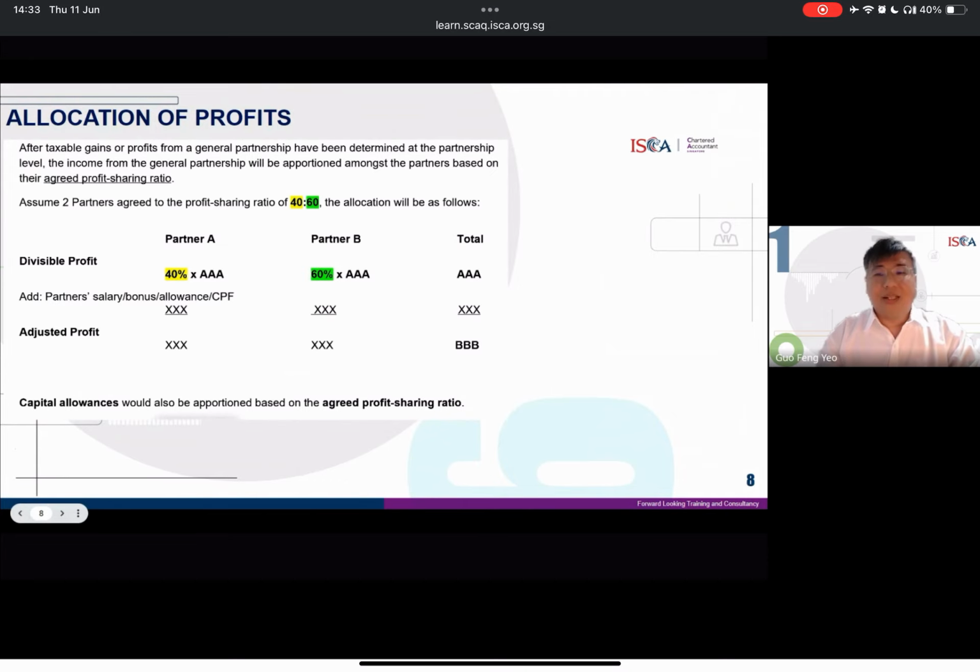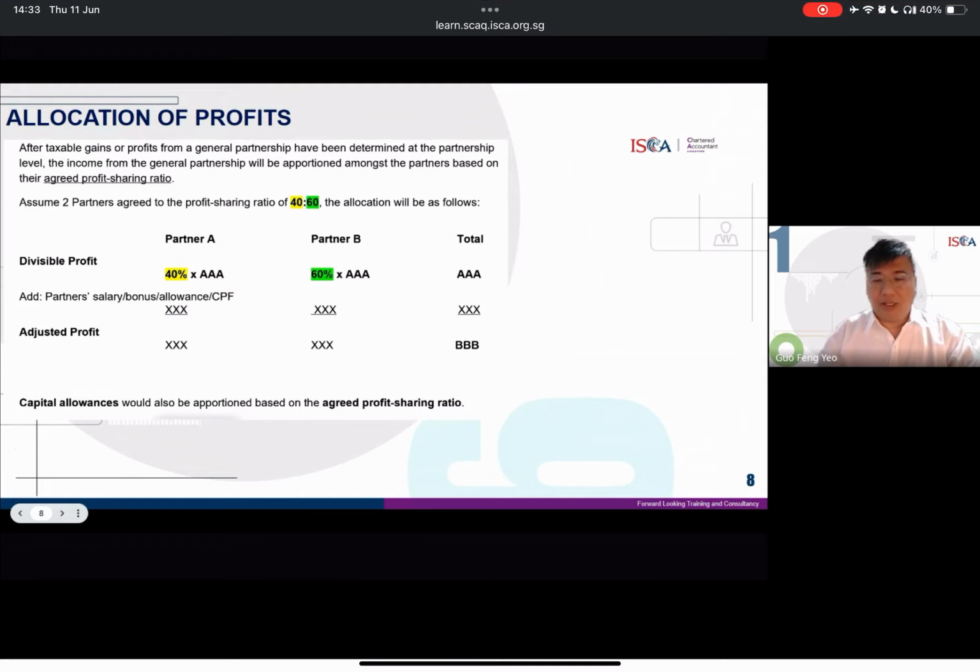Next, in addition to computing a divisible profit and adjusted profit, you will need to understand how the profits are allocated between the partners. Now, in the absence of any specific call-out, you may assume that a general partnership will have all the partners share the profit equally.